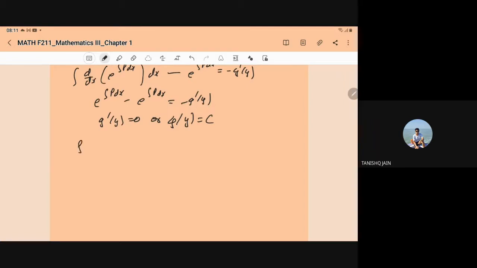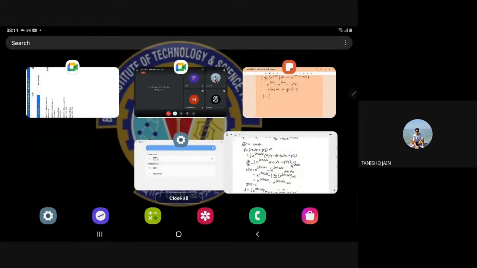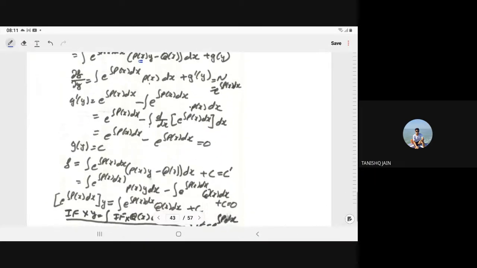So f will become integral. So here after having g(y) is equal to c, f will become integral e to power integral P(x) dx into (P(x)y minus Q(x)) dx plus c is equal to c dash. So this c you can bring on this side, so it will become plus c is equal to 0.